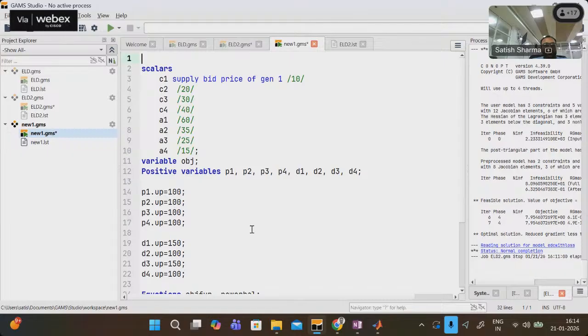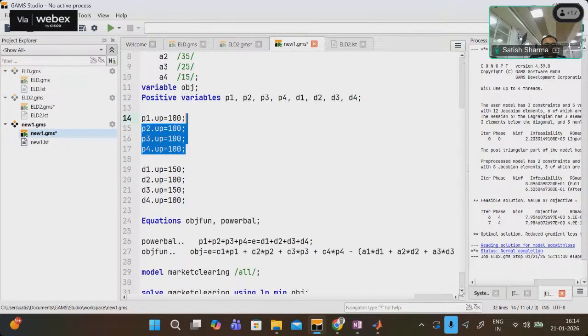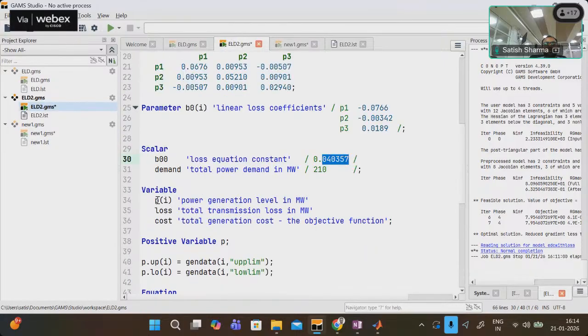So we defined multiple variables here. Like yesterday, we defined P1, P2, P3, P4, all the variables separately. Here, instead of defining it 4 times, if you see in this particular code, we have defined it only 1 time, that Pi is the power generation. That's it. Okay. So this is the good thing with sets.